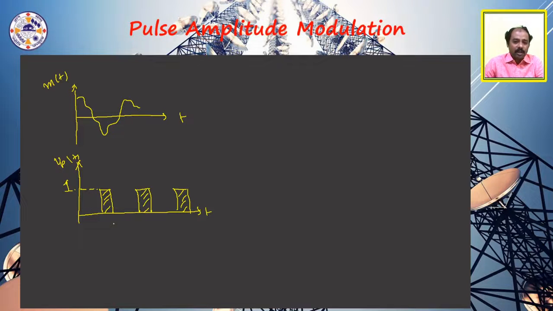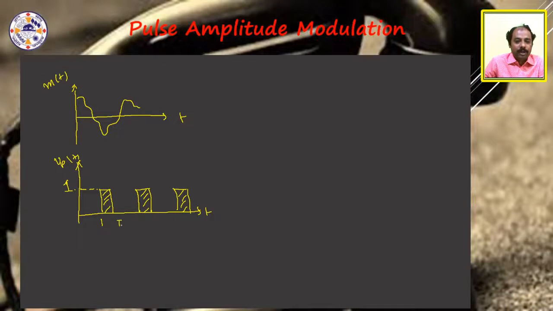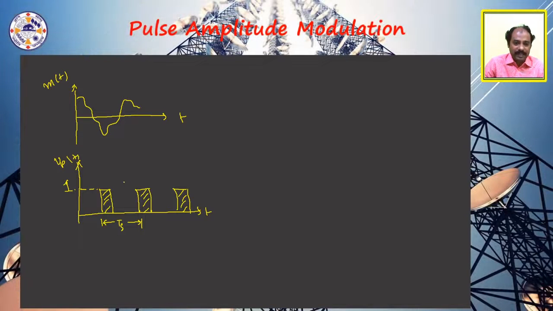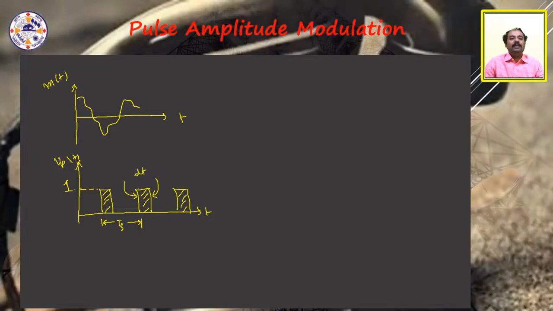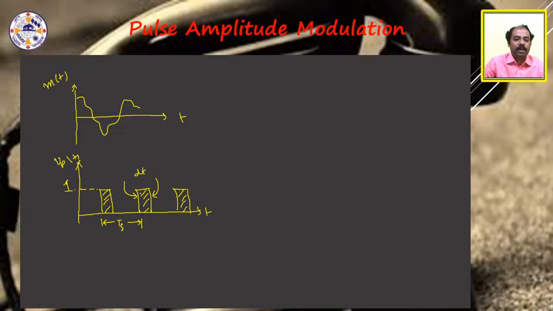Fine. So this is the pulse and the strength of the pulse is unity. Also the time period of the pulse is Ts instead of T0, which we considered earlier, and this is dt. Dt is the width of the pulse, which we earlier considered as tau.